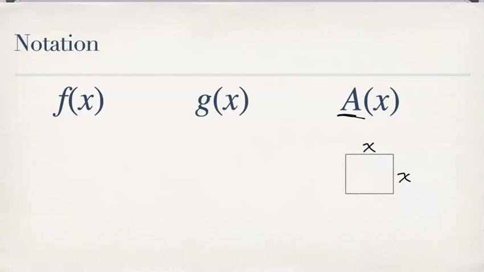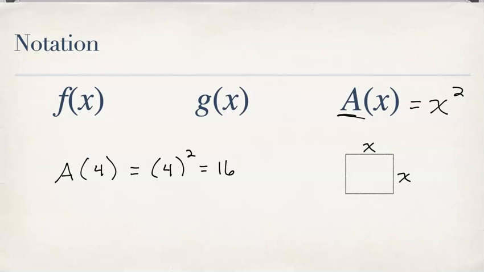All right, and then I could say, well, what is the area of my square if the side length is 4? Well, the area function of a square is to take one side times the other side, or to square the side, right? So the area when my side length is 4 is going to be 4 squared, which is 16.